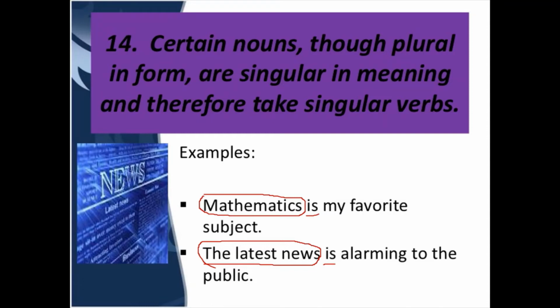There are nouns that look plural in form but singular in meaning, like mathematics, news, physics, what else? Statistics, gymnastics. So it always takes a singular verb. So that is for rule number 14.